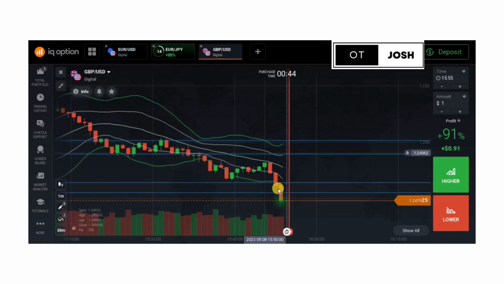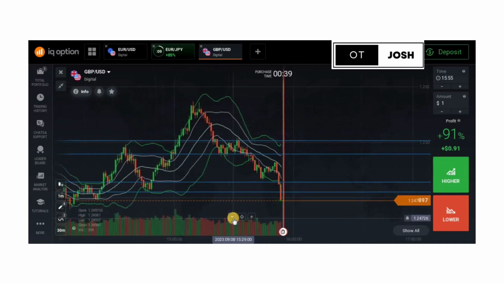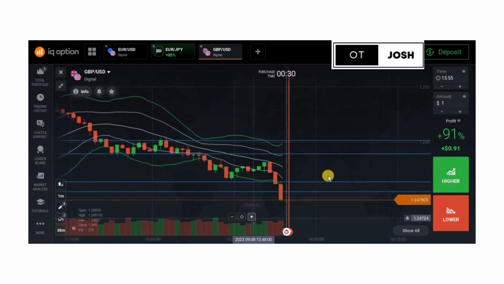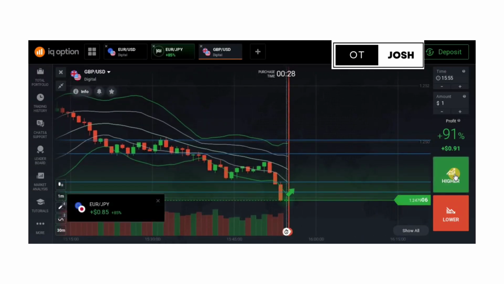So the market broke strongly from this zone and is going into another zone here. So there is an opportunity for me to do a call. I'll do this call now.